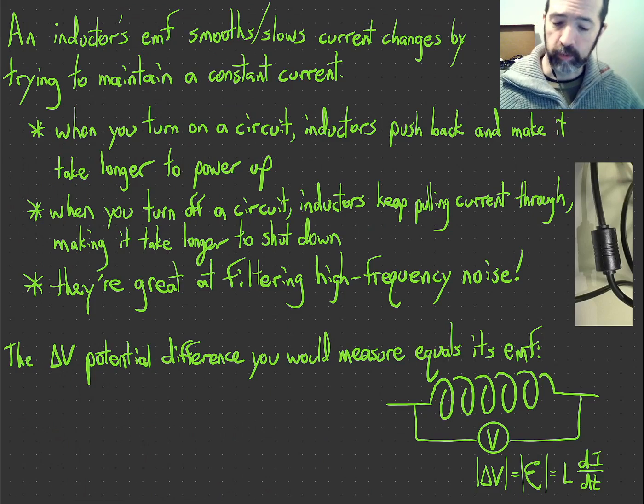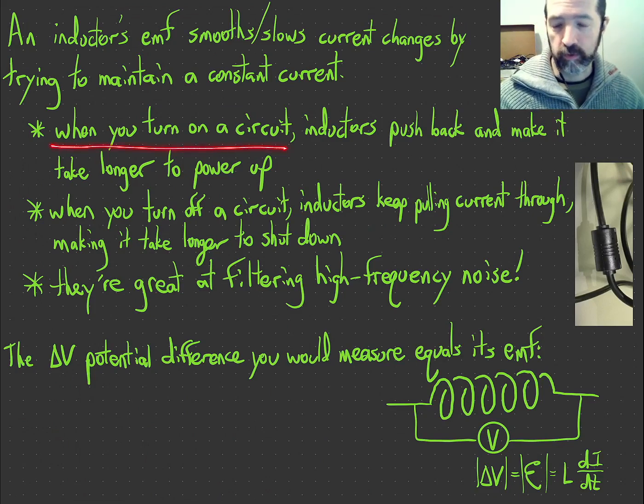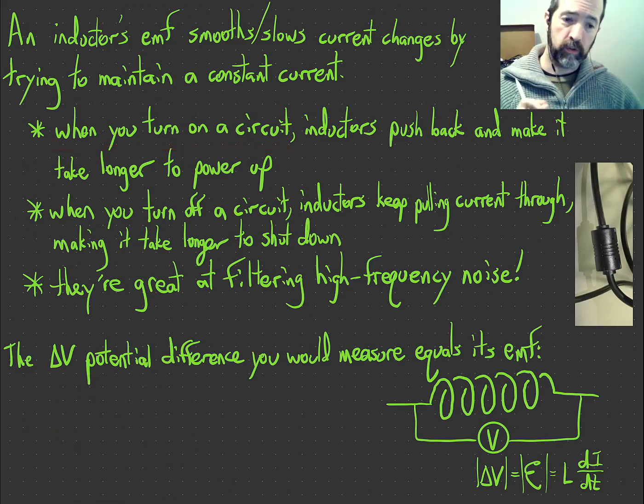So, for example, suppose everything in the circuit was completely off and you turn it on, the inductor is going to push back against your battery. It's going to push back very strongly at first, and then its push is going to get weaker and weaker until it dies away. And so basically this means that it takes longer for the circuit to turn on. Instead of turning on instantly, it powers up over some short time interval.